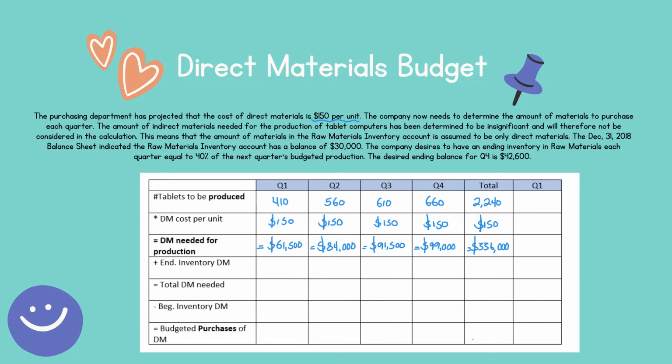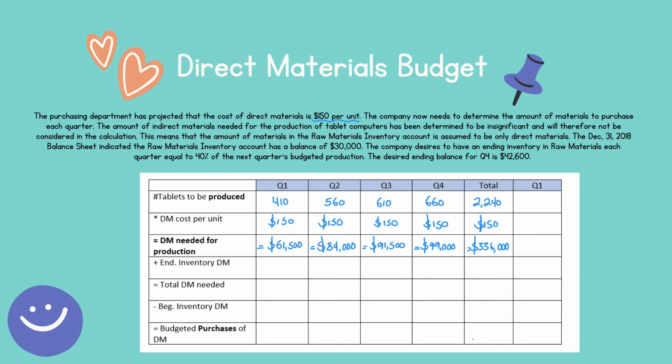Now I need to add the ending inventory of direct materials. Let's go back and read. The company now needs to determine the amount of materials to purchase each quarter. The amount of indirect materials needed for the production of tablet computers has been determined to be insignificant and will therefore not be considered in the calculation.